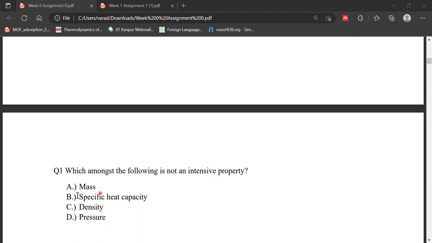Specific is divided by quantity, so specific will also not be dependent. So all four are independent of mass. So you think none of the options is correct, right? Okay. Narsimha, would you like to answer?